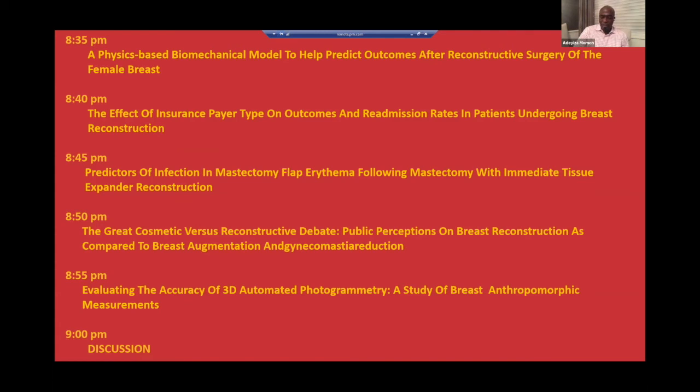The question I have is, it sounds like you're trying to predict outcomes to help patients make a decision. But I think it'll be tough to have a simulation system that accounts for the surgeon factor. I think surgeons play a big role in the results that are achieved.